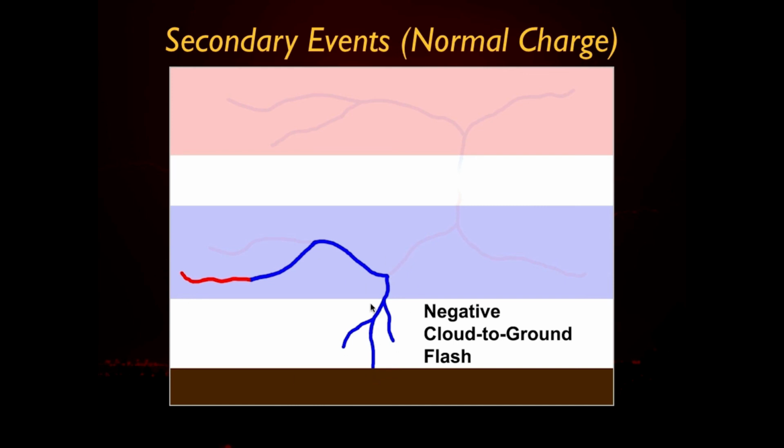We have actually seen this a number of times, and it is not that uncommon to see positive leader development, and then during some of the recoil leaders that form, occasionally the negative end will transition to ground and form a negative CG stroke.